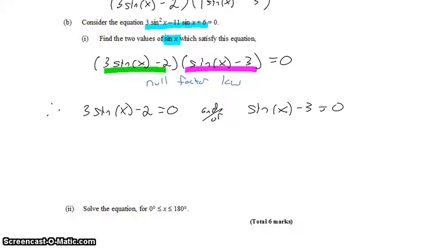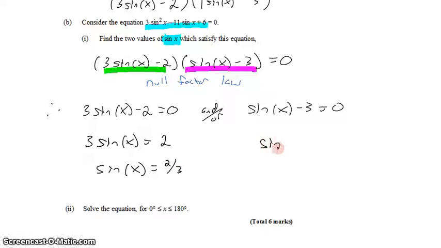So I don't need to solve it for x, just for sine of x. I'll add 2 to the other side and get 3 sine of x is equal to 2, and divide by 3. Sine of x is equal to 2/3. That's one value. The other one here, just add 3 to the other side. Sine of x is equal to 3. Two possible values.